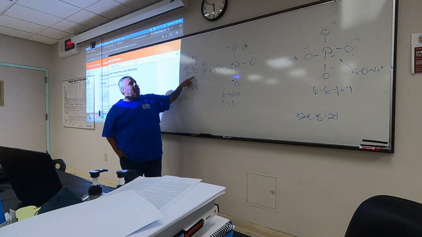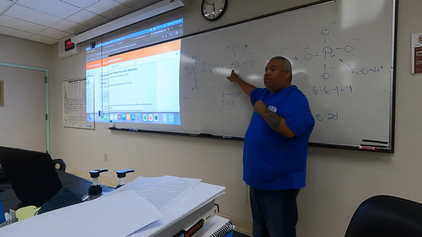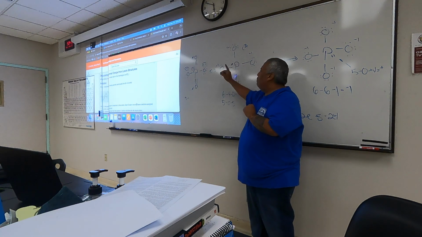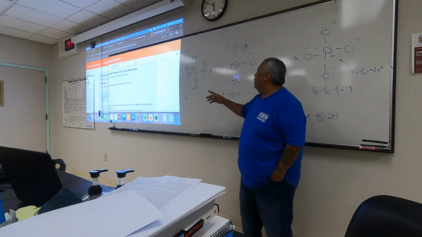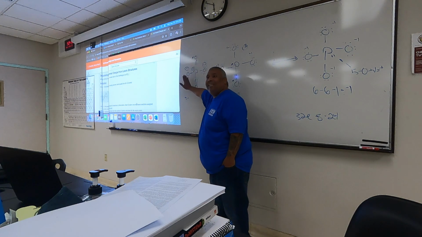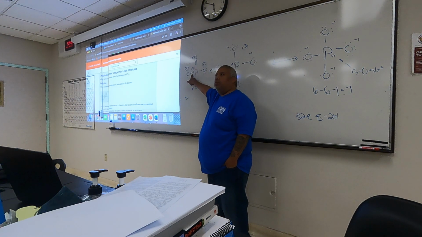Not stable at all. Here, this could be partially positive. It's neutral right now, there's no formal charge on there, but it's okay to be partially negative. So that is the deciding factor: we don't want the least electronegative element to have a negative formal charge.